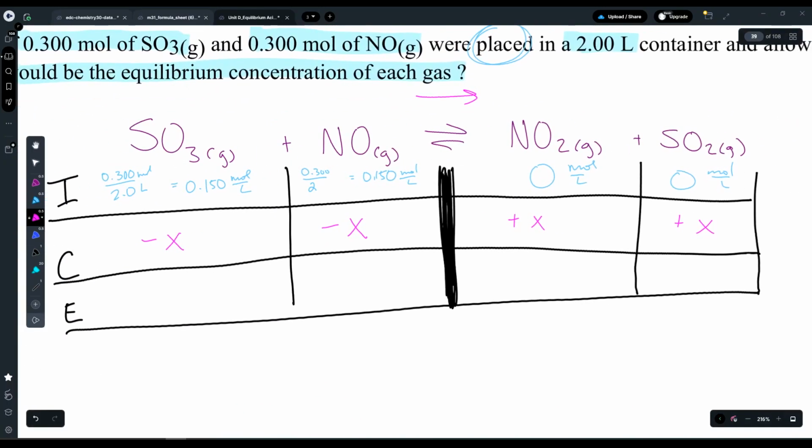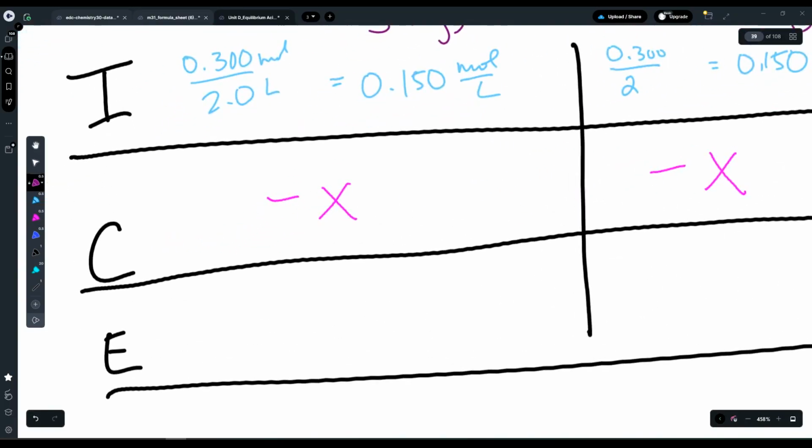All right. So for the equilibrium row, we're going to be going 0.150 minus X. That will help us figure out what the concentration is.